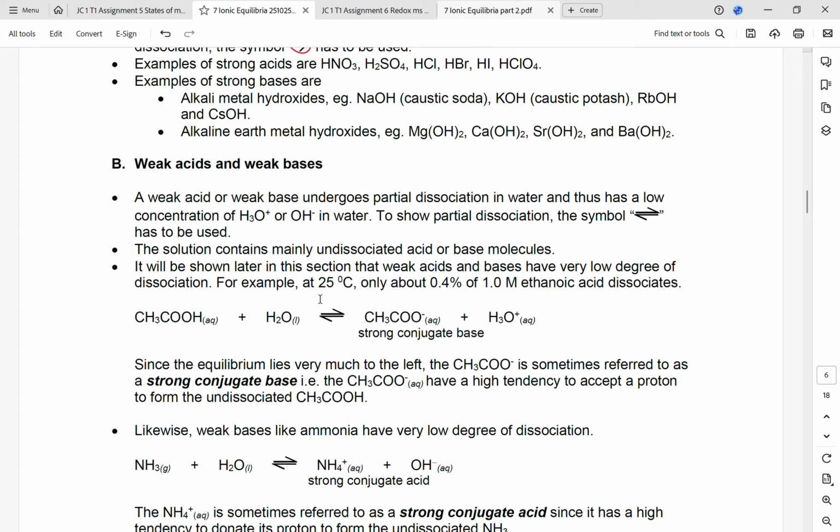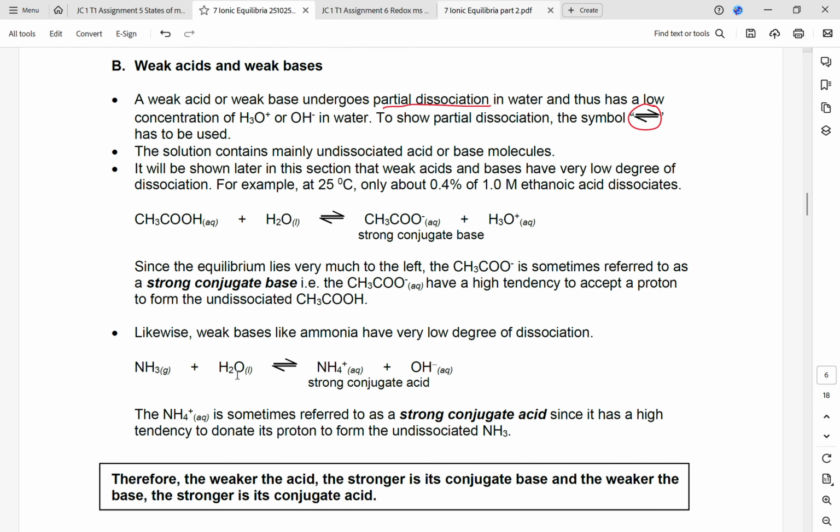Now for weak acids and bases, they only undergo partial dissociation in water, so we use the reversible arrow. Because they only partially dissociate, there is a very low concentration of H3O plus or OH minus in water. By partial dissociation, I'm not talking about 40% or 50%.